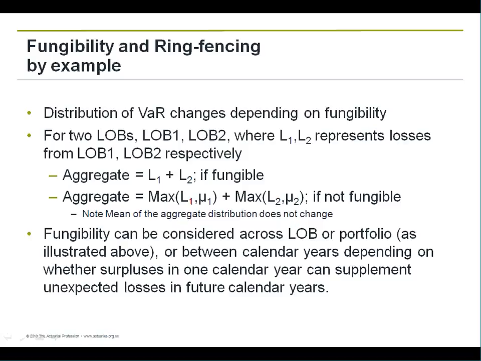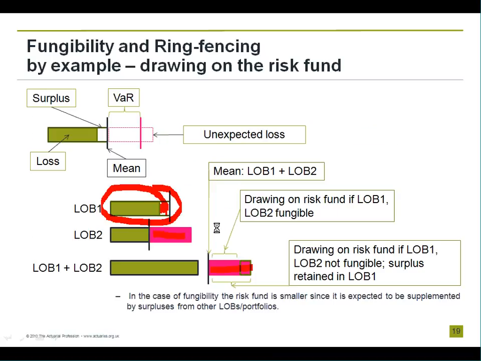All we're really saying is that if the loss is less than the mean, then the payment you make is actually the mean. It's another way of looking at it. But I think this way, in terms of how large the capital risk fund has to be, is a better way of representing it pictorially.